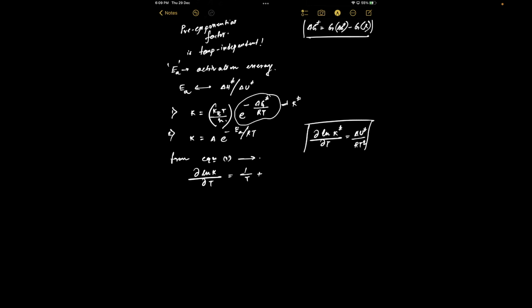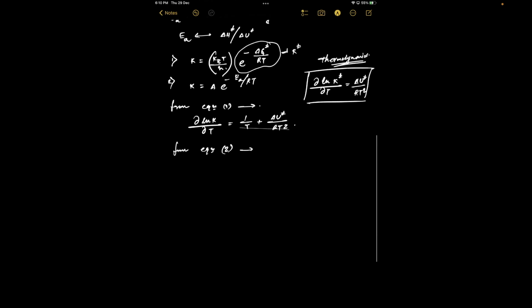So here we will get delta U double dagger divided by RT square. Now from equation number 2, the Arrhenius equation, we get the derivative of ln k with respect to T equal to EA divided by RT square, right?